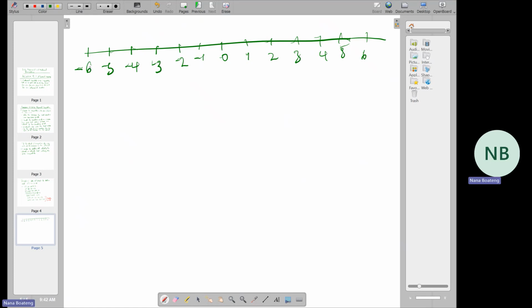All right. So our boundary points are negative 4 and positive 5.